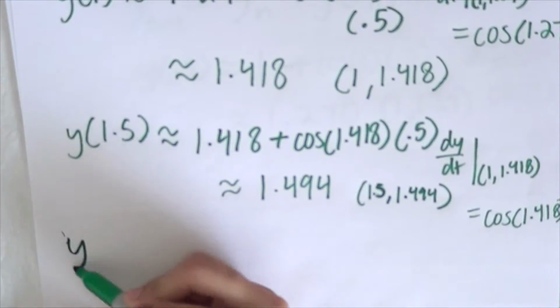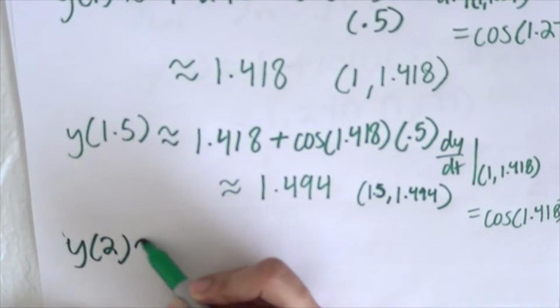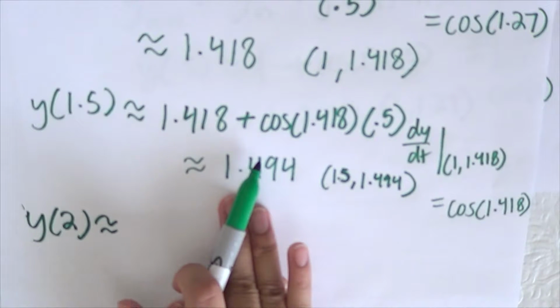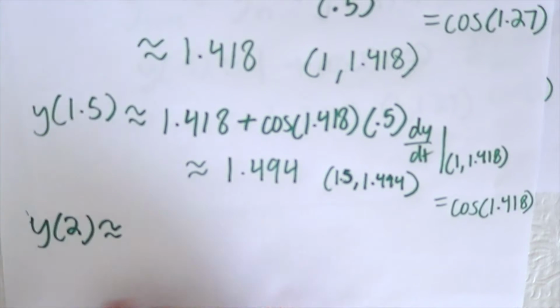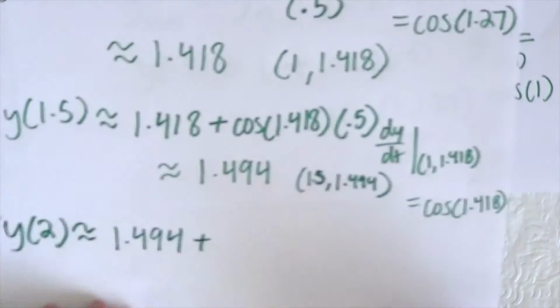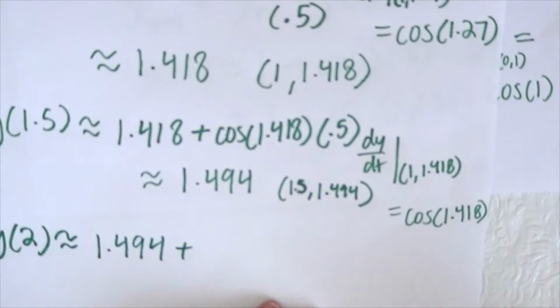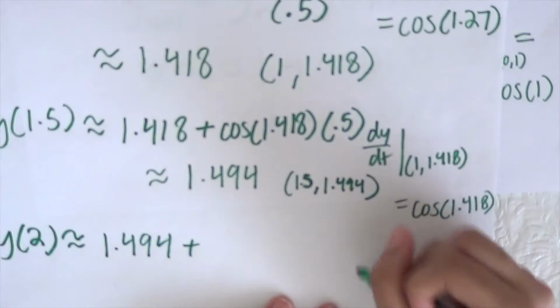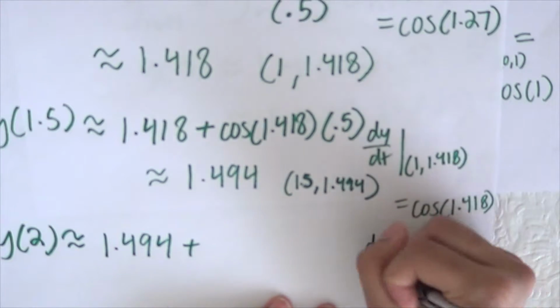So y of 2 approximates to the y value of the previous, which is 1.494, plus the slope of the previous point, which is cosine of 1.494. So the slope will be dy/dt.